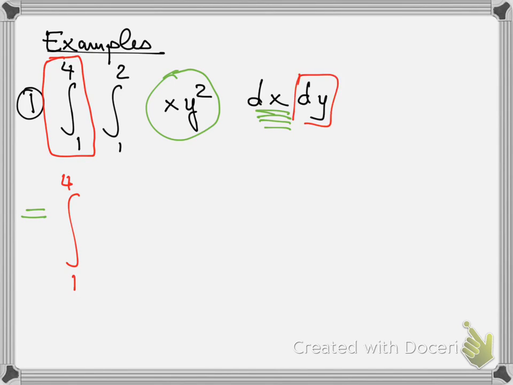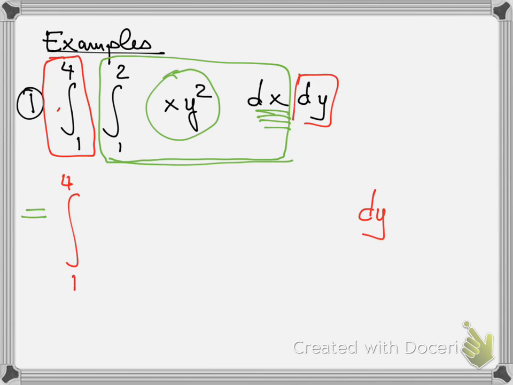You keep dy, because, as I said, the order of integration here is that we integrate first with respect to x. So we keep dy, we keep the 1 to 4 here, and then we integrate this here.